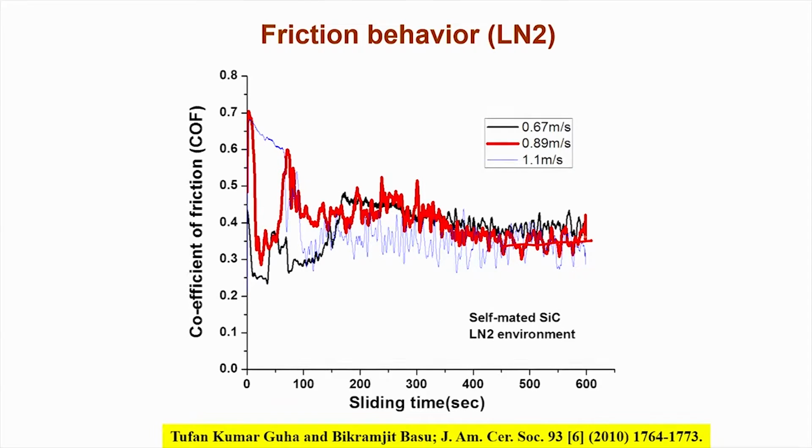What you see here is that the coefficient of friction starts at a very high value, then goes through some kind of unstable region, and finally reaches the steady state after 5 minutes, and then it gets very much flattened. If you compare the steady state coefficient of friction, we do not see much change because it varies over the window of 0.3 to 0.4, but there are a lot of undulations there.